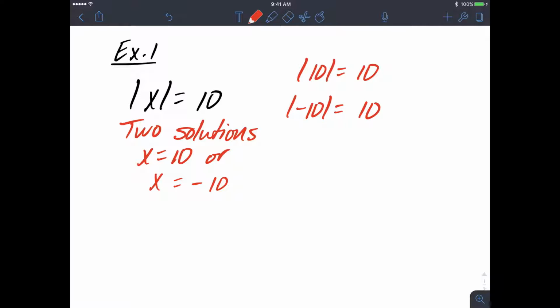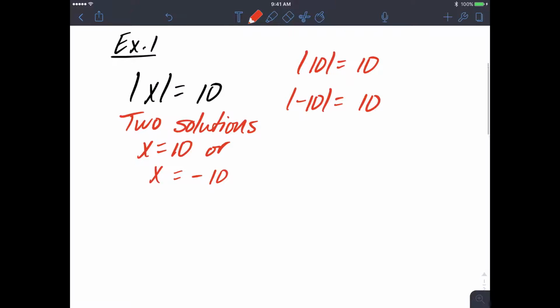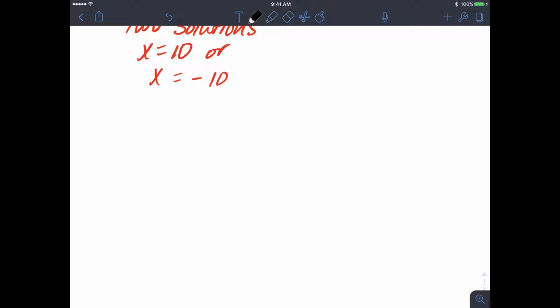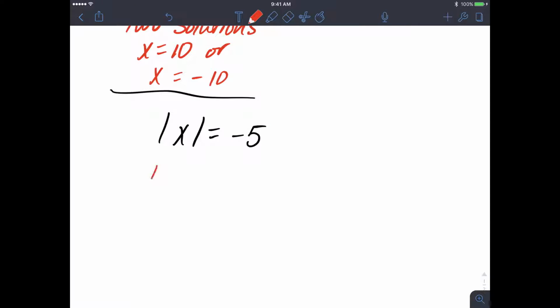Now, I'm going to show you some examples where that won't work. What if we had something like the absolute value of x equals -5? Okay, so for this one, there's going to be no solutions, and I'm going to show you why. No solutions. And the reason is, we know it could be 5, right? X could be 5, x could be -5.